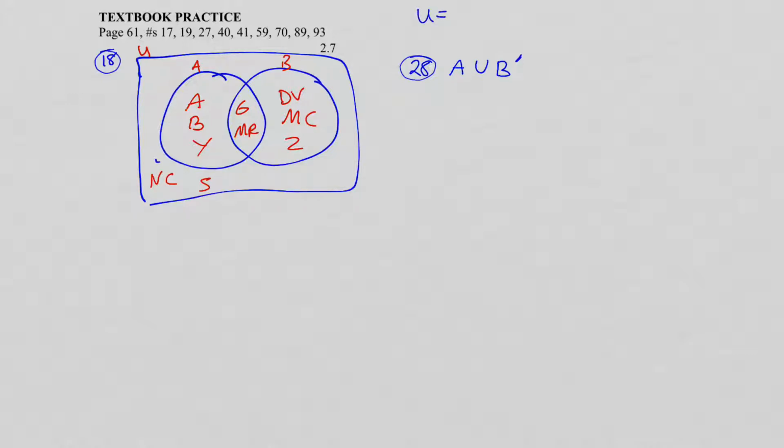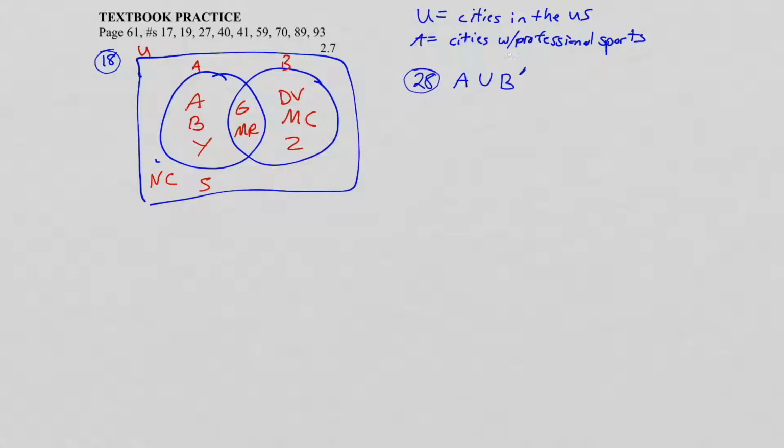It says U is cities in the US. A would be cities with professional sports, and set B would be cities that have a symphony.